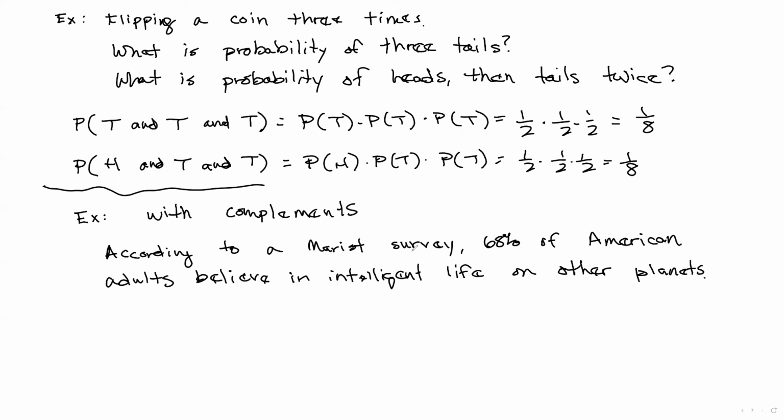Suppose we selected 3 people at random from all American adults. What's the probability that all 3 believe in intelligent life?